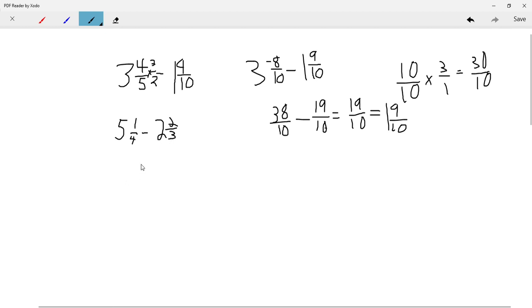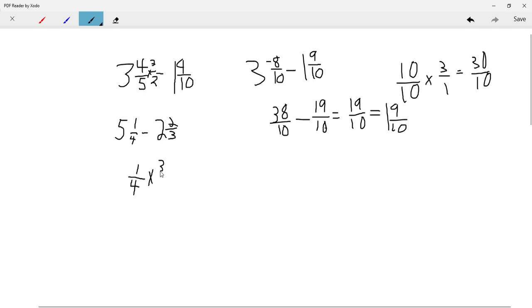It might not be the least common denominator, but you'll be able to find a common denominator and get the answer. But if it's not the least common denominator, you might have to reduce the answer after the fact.